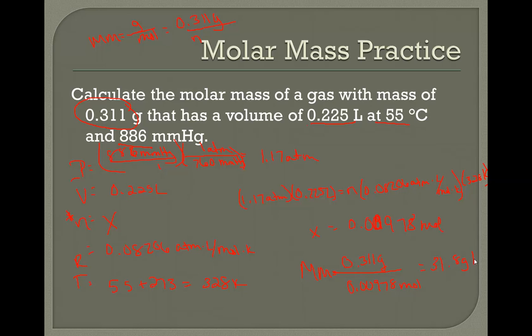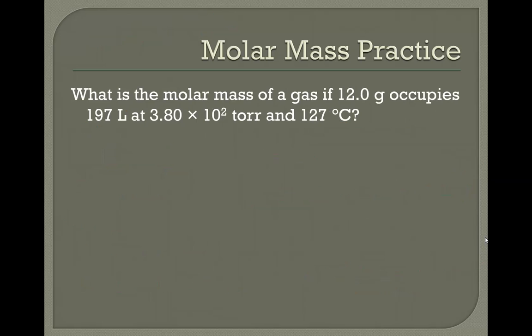We're going to do one more practice problem dealing with the molar mass. What is the molar mass of 12 grams that occupies 197 liters at 3.80 times 10 to the second torr, and 127 degrees Celsius? So we need to convert our pressure.